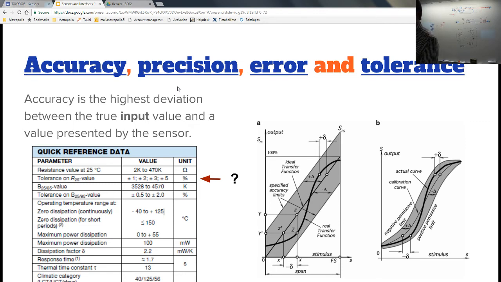So you take 1,000 sensors, and that's actually a statistical measurement.